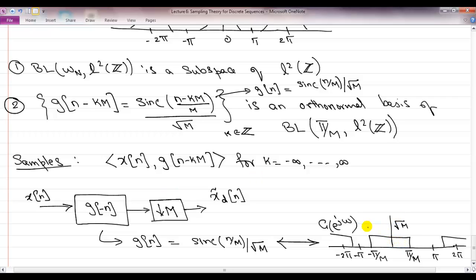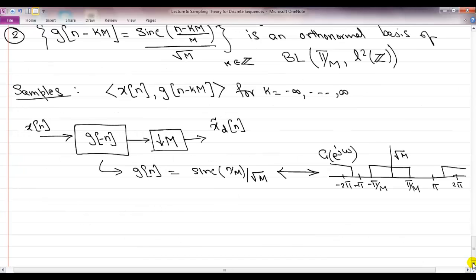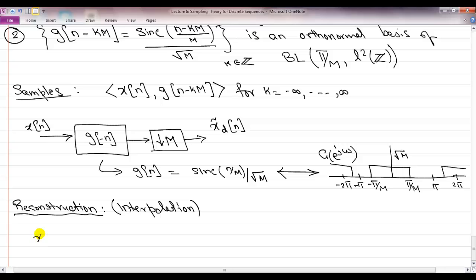Now let's look at reconstruction. You can call it reconstruction or interpolation. I'll just also put interpolation here. Now interpolation said that we will get x tilde in.